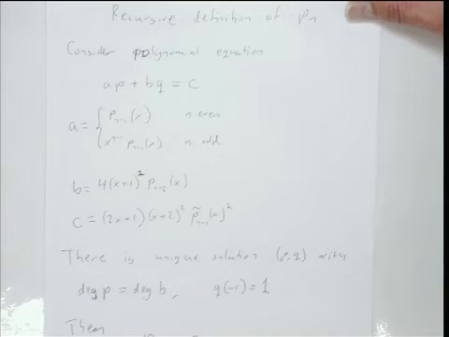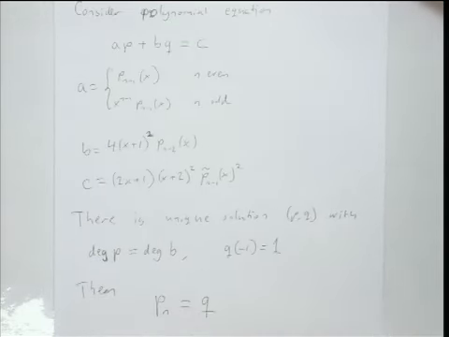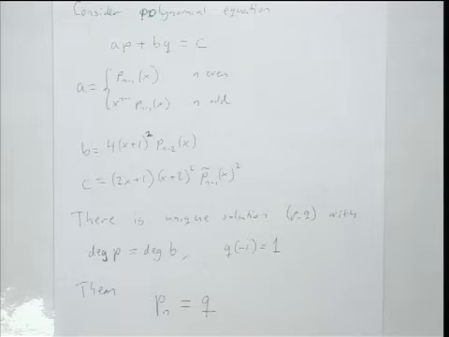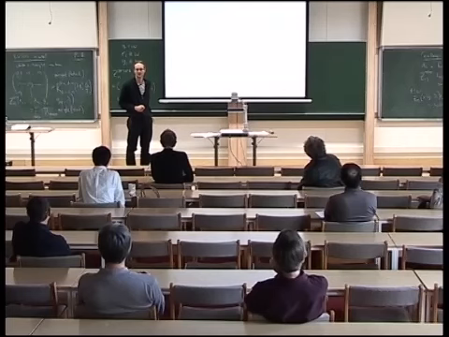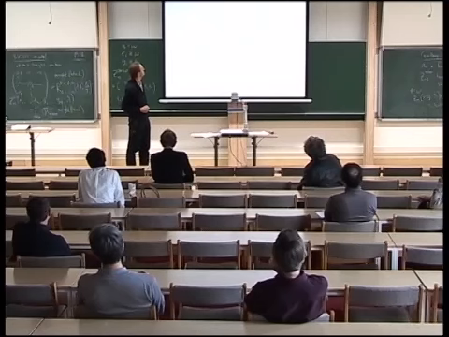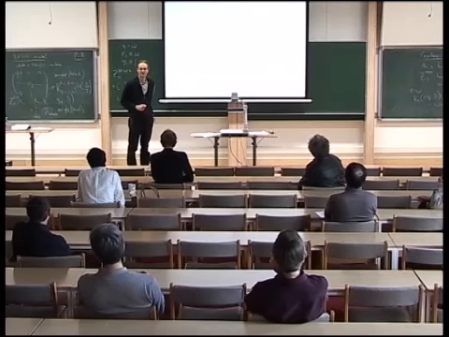So A is P_{n-1}, B is P_{n-2}, and C is some reshuffling of P_{n-1}. So it depends only on 2 indices, P_{n-1} and P_{n-2}. Yes, it's like a 3-term recursion. And that gives P_n. Oh, okay.